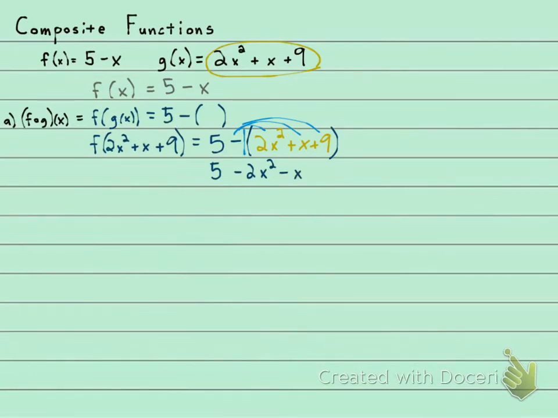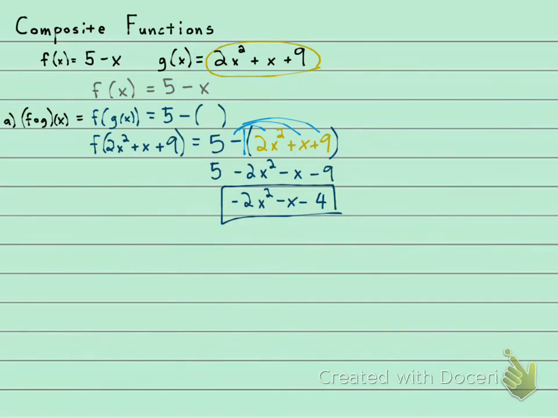And then the minus and the 9 is minus 9. Combine our like terms: we can put together a 5 and a minus 9. 5 minus 9 is negative 4. So negative 2x squared minus x minus 4. That is the f of g of x.